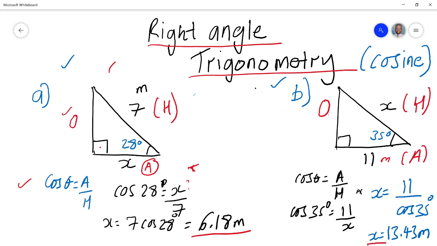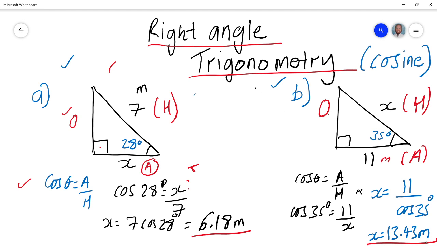If you're not sure, work it out again. 11 divided by cos 35 is 13.43 meters. One thing you can also notice is that we're working out your hypotenuse, and your hypotenuse is the longest side of a right angle triangle. Therefore, the value of x has to be greater than 11.